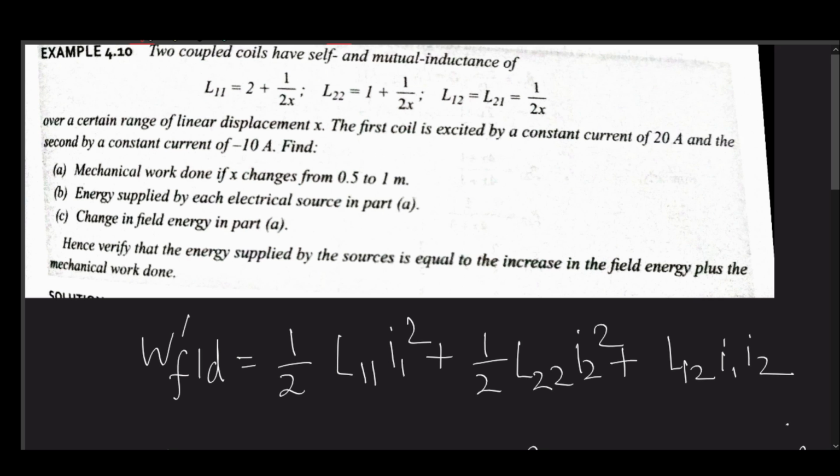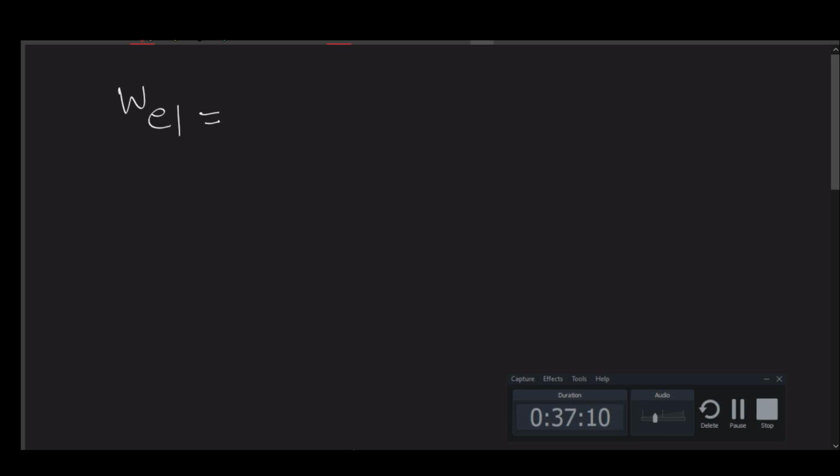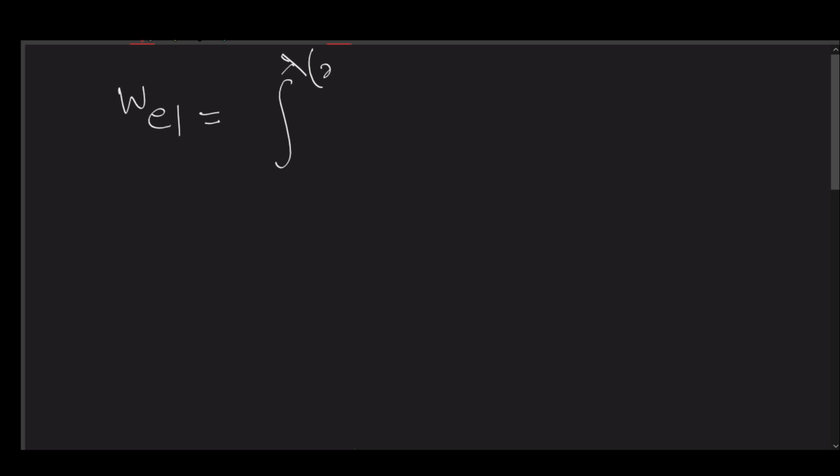So what we can write here is the electrical energy. Let me check whether it is recording or not. Yeah. WE1 is, say this is lambda 1, this is lambda 2.